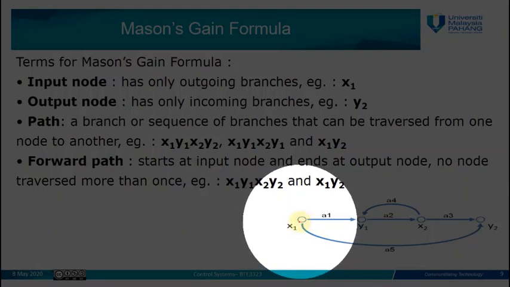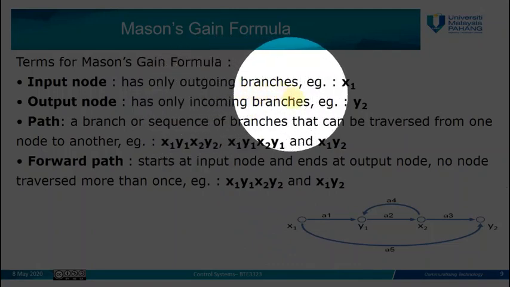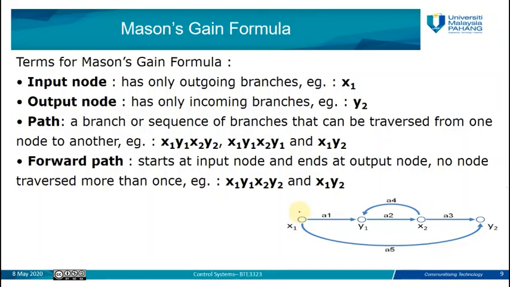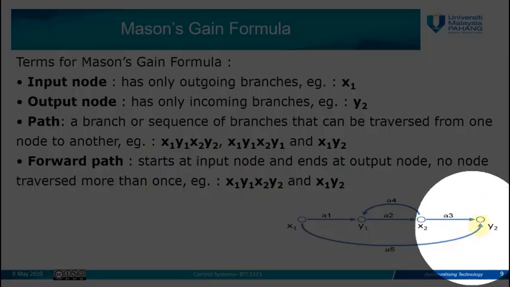It starts from the input point, as we mentioned before in the previous example, when we said RS represents the input node. So for example, in this case, X1 represents the input node. Then the output node only has incoming branches, so it represents the output of our system. So Y2 in this signal flow graph represents the output node.